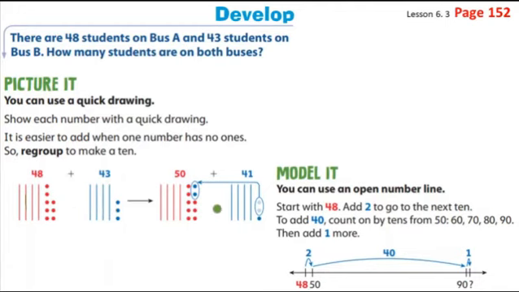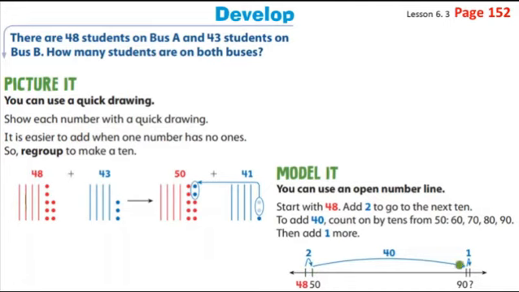Now, let's look at it over here. To make another 10, because it's 1, 2, 3, 4, 5, and then I have 1, 2, 3, I take 2 from the 43 and move it over here to complete it to make a 50. So I move those 2 over, 48 to 50.